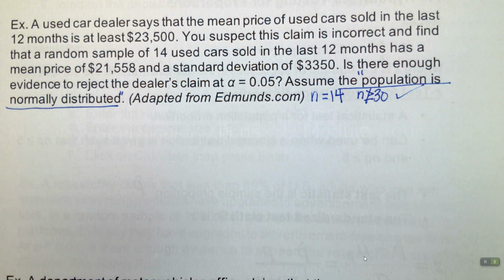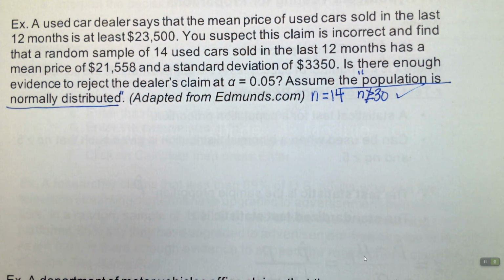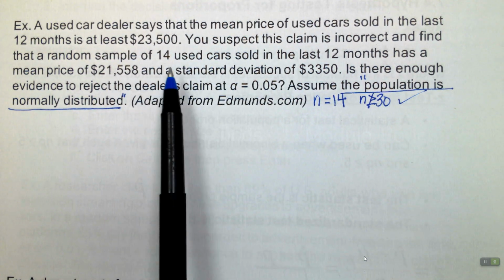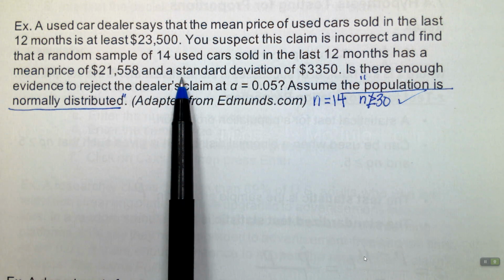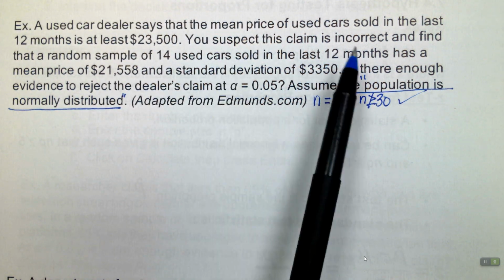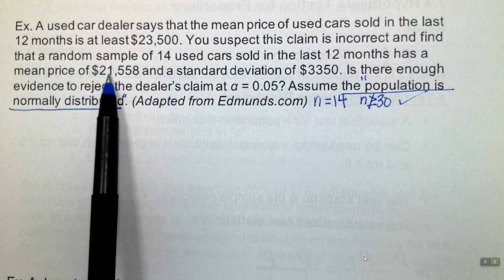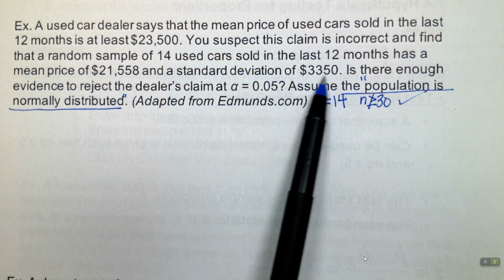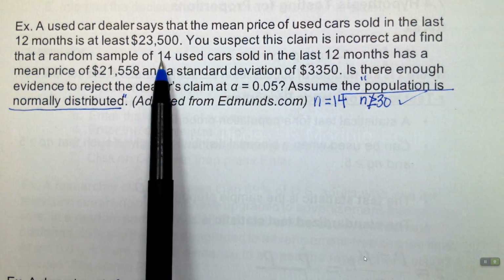All right, so now we look for a population standard deviation. Let me see if I see one. I see a standard deviation, but this says the random sample of 14 cars has a mean price of $21,558 and a standard deviation of 3,350. So this only applies to the 14.